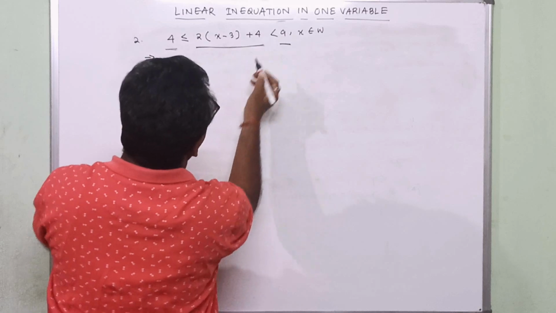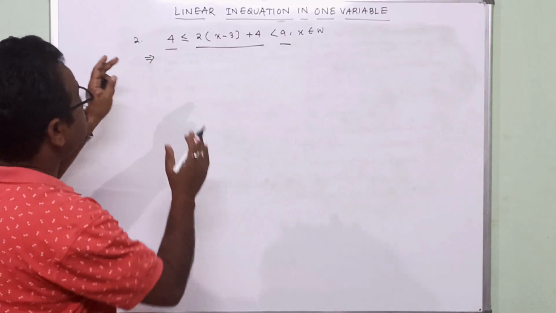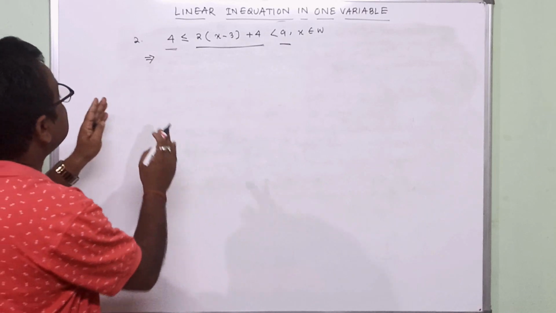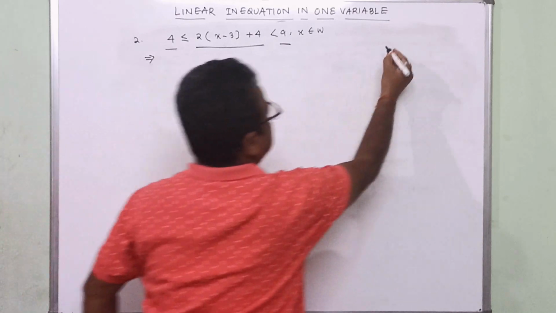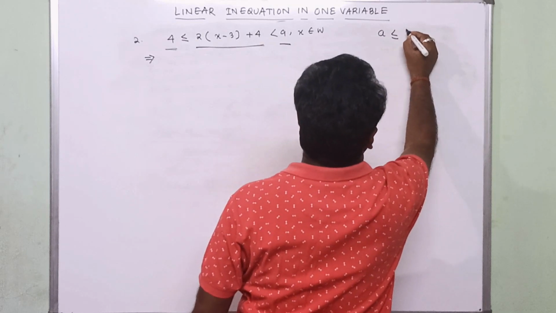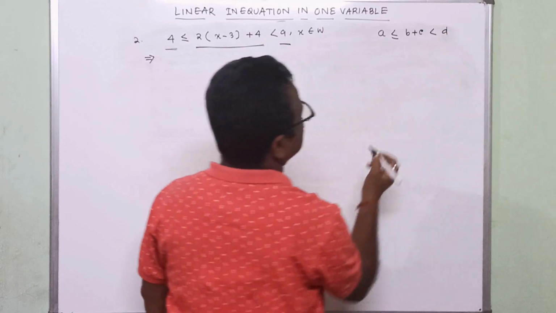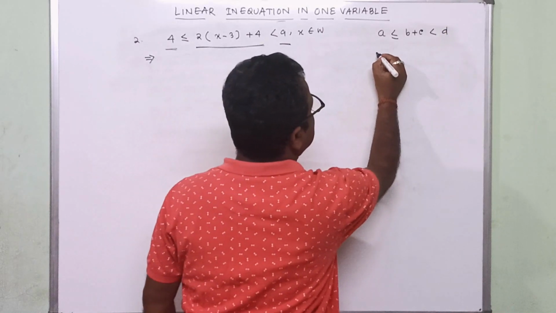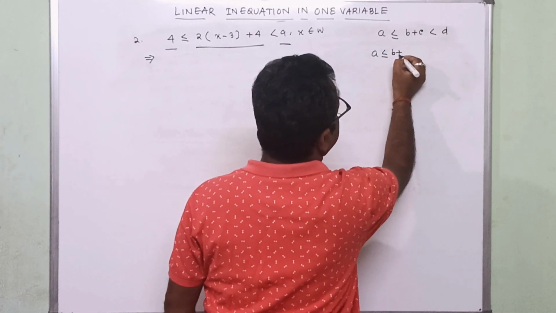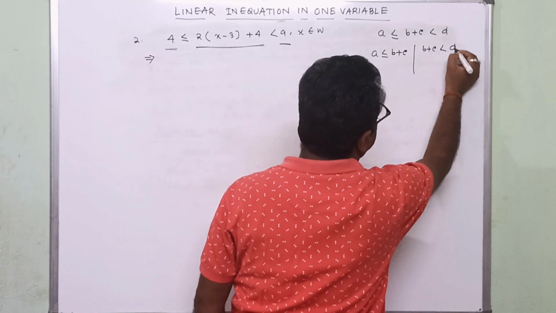So how do we solve this type of question when 3 parts are there? Suppose it is given like this: A less than or equal to B plus C less than D. Sometimes we have to do it like this: A less than or equal to B plus C, one part, and B plus C less than D, another part.